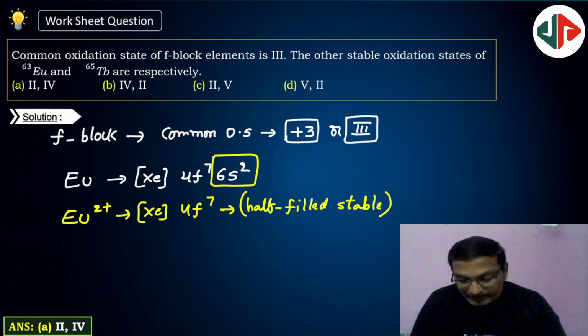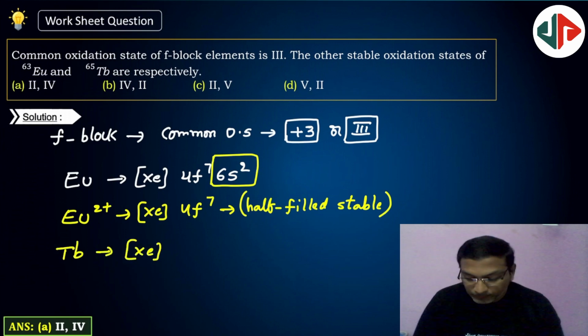Next for terbium, configuration Tb, xenon core 4f9 6s2.